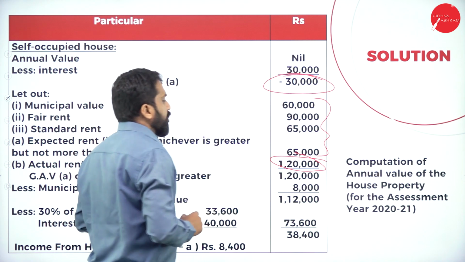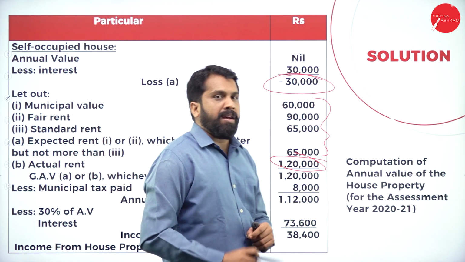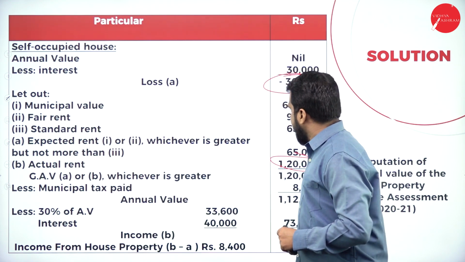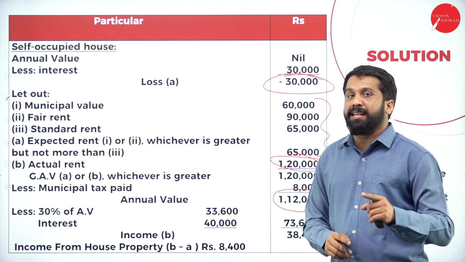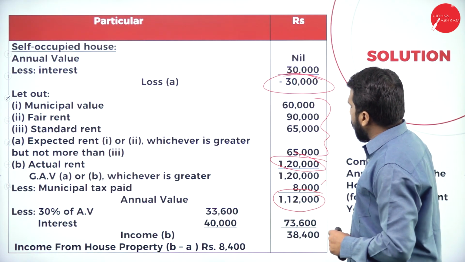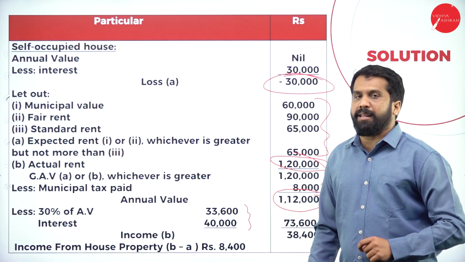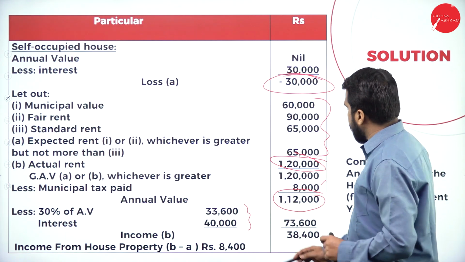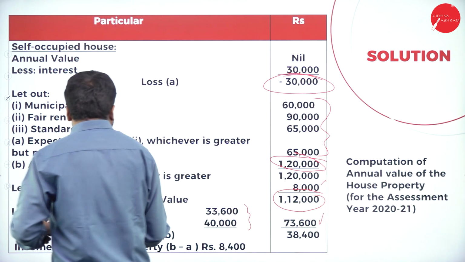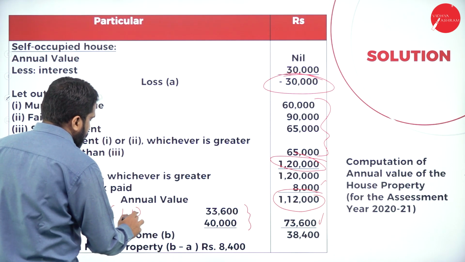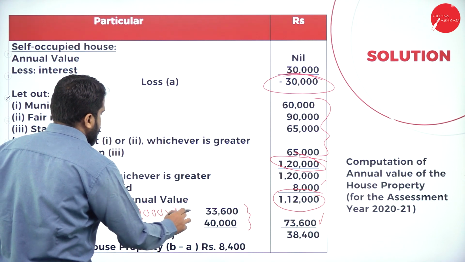This calculation I explained to you that time itself. So you got how much? 1,20,000. 1,20,000 is your annual value. From 1,20,000 minus municipal tax, you got 1,12,000. Any doubt? No. From 1,12,000, minus 30% of annual value as well as the interest part. 30% means what? 1,12,000 multiplied with 30%.